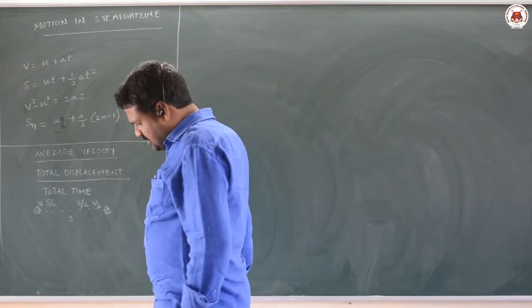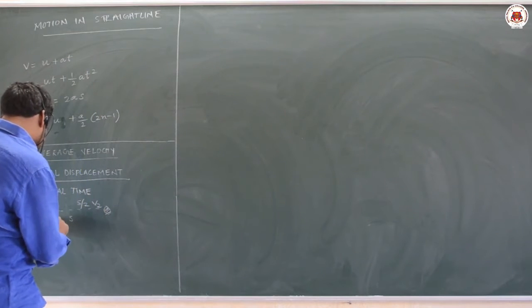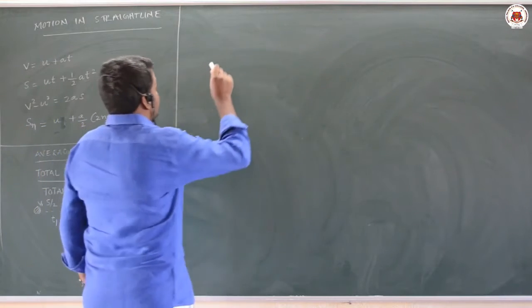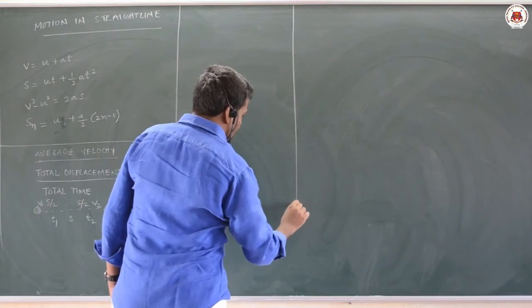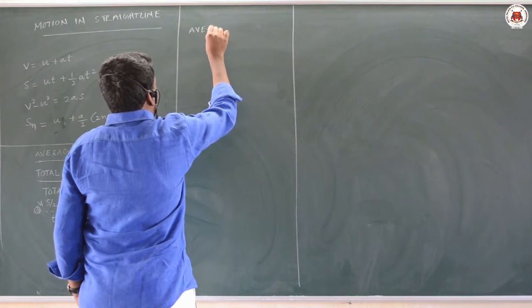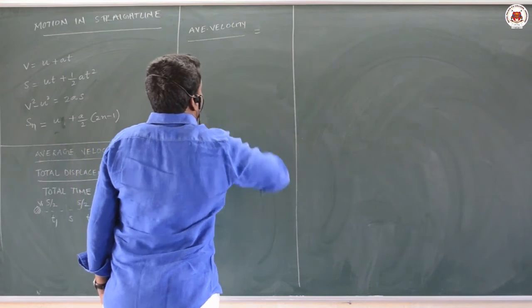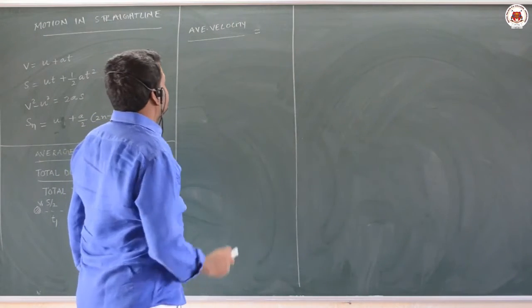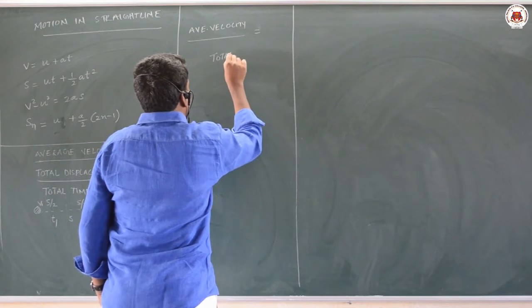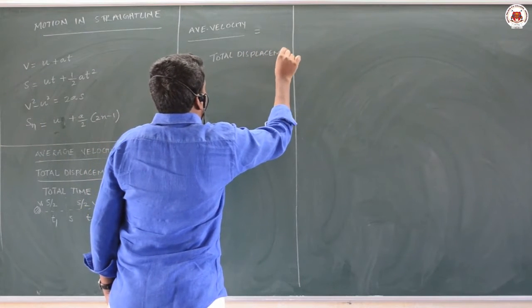So, time taken for this journey is not known. So, for that what I will do, I will take T1 is the time taken in first half, T2 is the time taken in second half, then average velocity is equal to total displacement by total time.